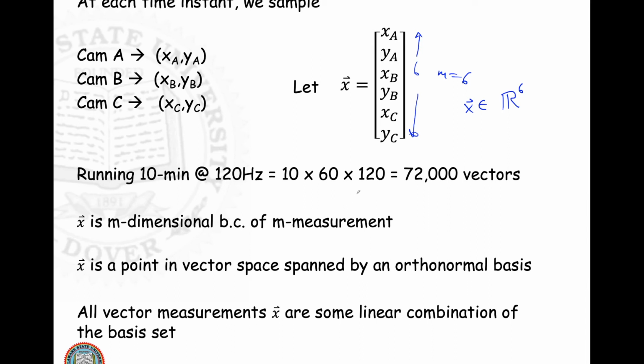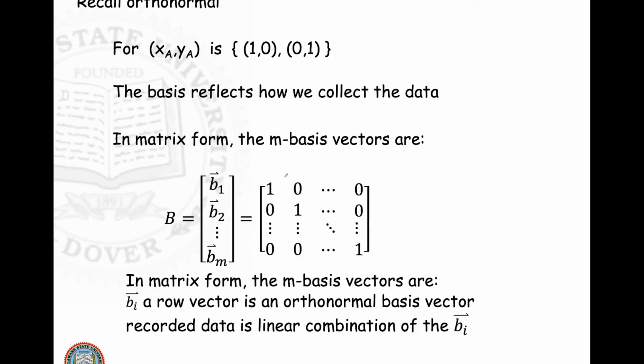And so each x is a point in vector space, and as a point in space, this space is spanned by an orthonormal basis. So we have some set of bases, the linear combination of which give you every single point x in R6 that you're going to encounter from this measurement apparatus. And so all measurements x are some linear combination of your basis. Okay. So if we had a two-dimensional basis, right, this would be the orthonormal basis for this two-dimensional representation.